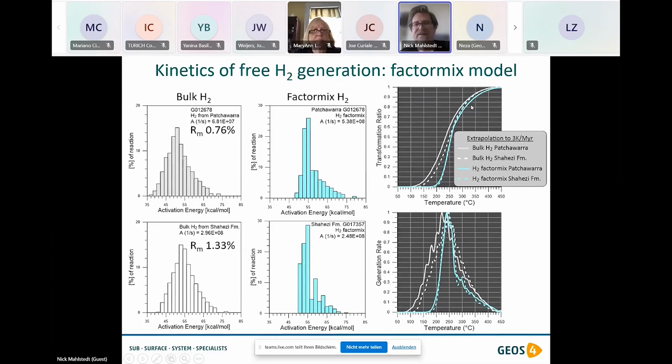So that is very good, important. So we found very similar kinetic parameters for different types of samples at different maturities. So we think that our kinetic predictions or parameters are sound and could be used using normal basin modeling software.